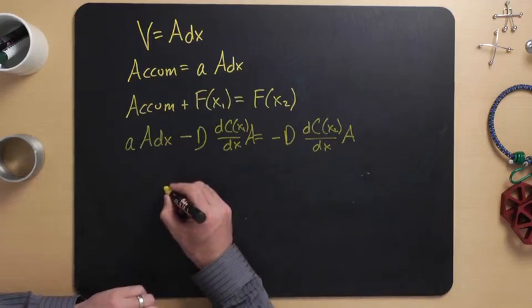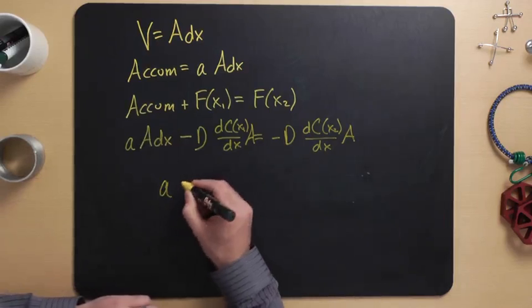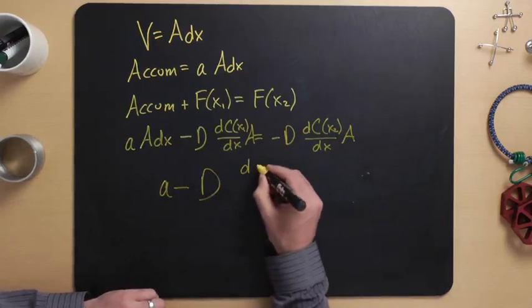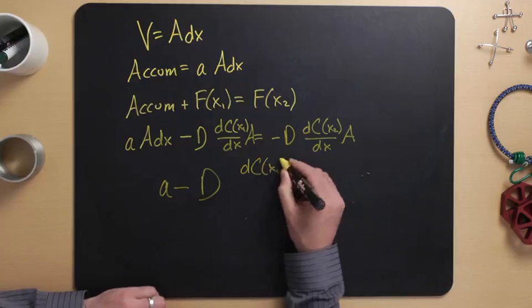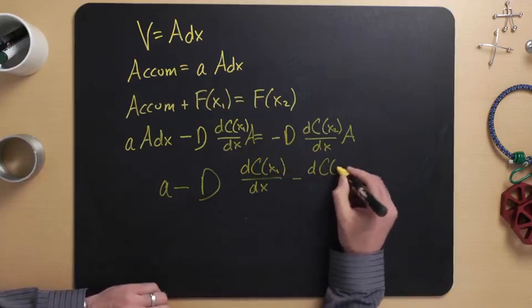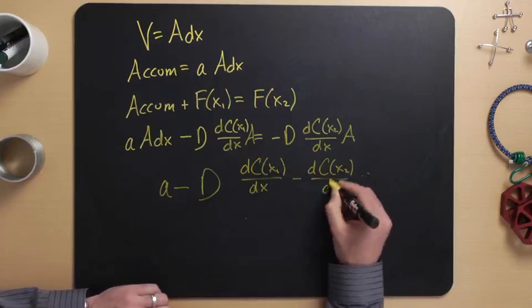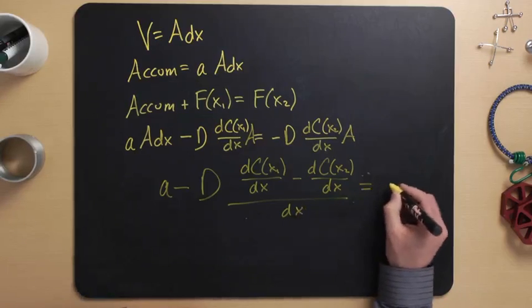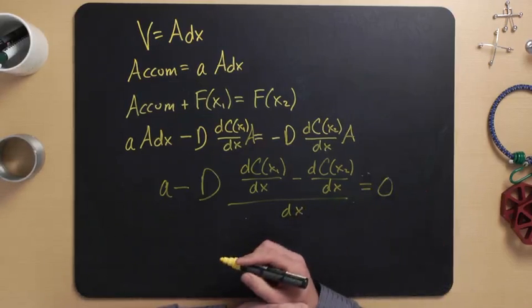This gives us a minus D, dc of x1 dx minus dc of x2 dx, all divided by dx. And that entire equation must be equal to 0.